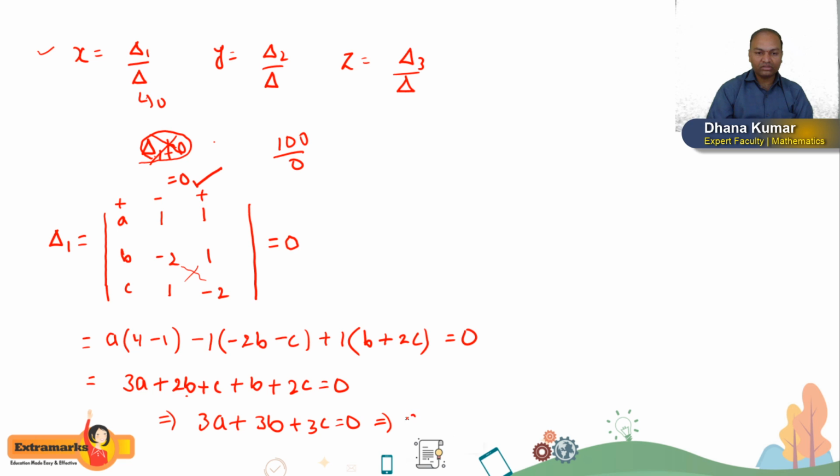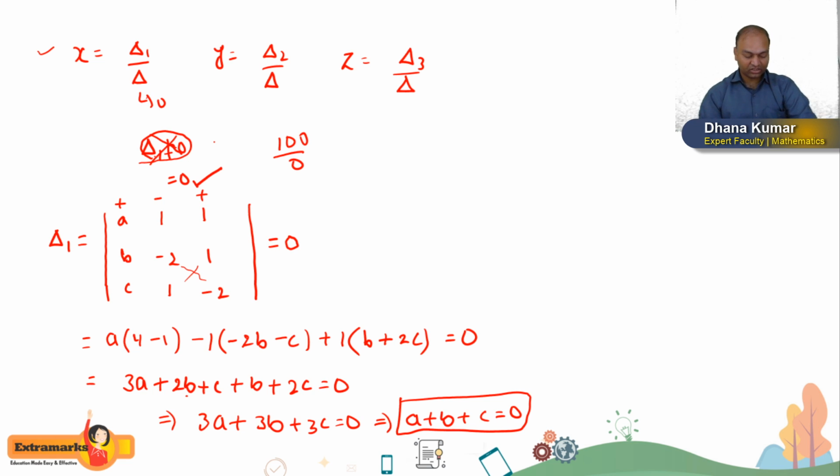Divide both sides by 3. a plus b plus c is equal to 0. One relation we got. Okay. Let us see the next slide. Here we got a plus b plus c is equal to 0.